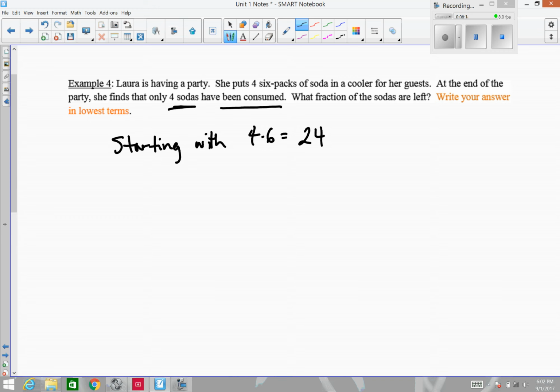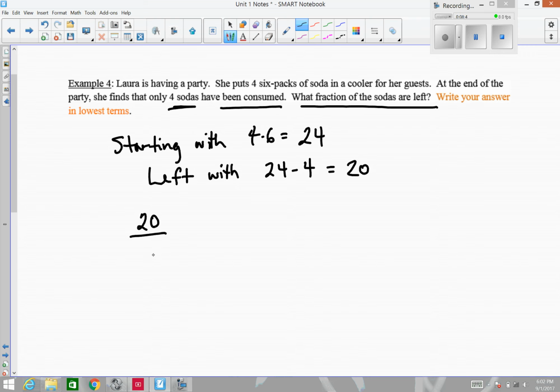So at the end of the party, she's left with 24 minus the 4 that are consumed, 20 sodas left at the end of the party. We want to know what fraction of the sodas are left. So what we have left is 20 out of 24.